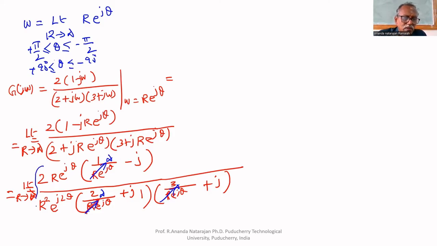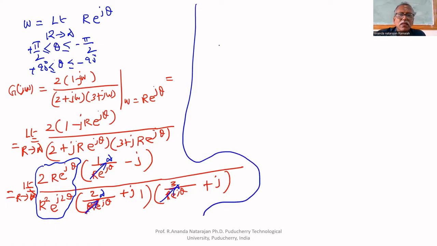Only these two terms will be there. Then if you substitute R equal to infinity, you will get R square in the denominator. Infinity by infinity, but as a limiting case, it becomes 0 because the denominator polynomial is higher than the numerator polynomial.